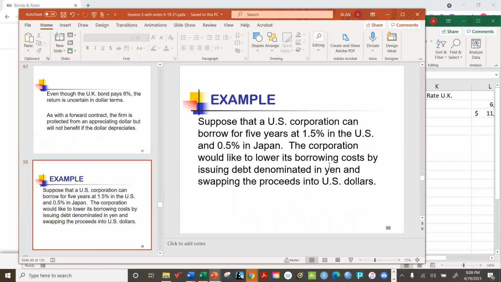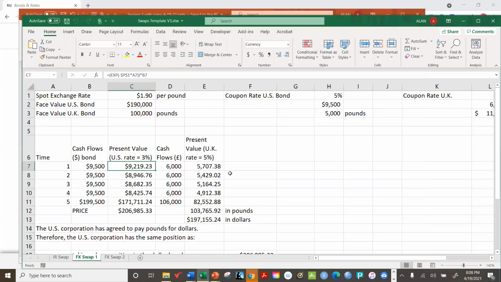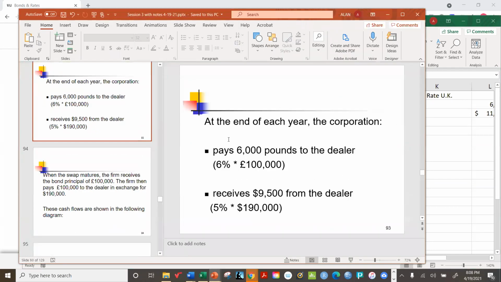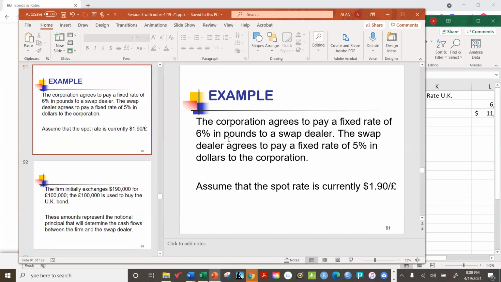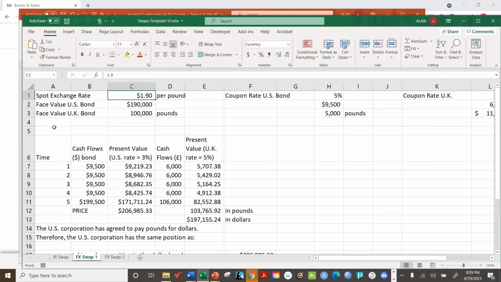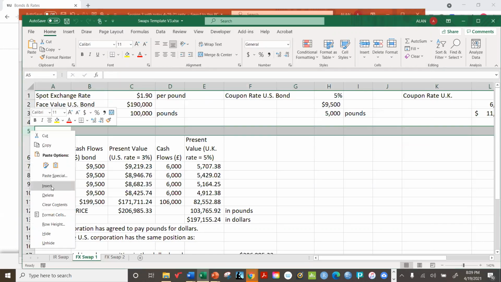All right, now let's price that thing. Let's come over here and price it. So we started out with $1.90 a pound as the current spot exchange rate. And what we're basically saying here is that the US firm is paying $190,000 to buy this UK bond.